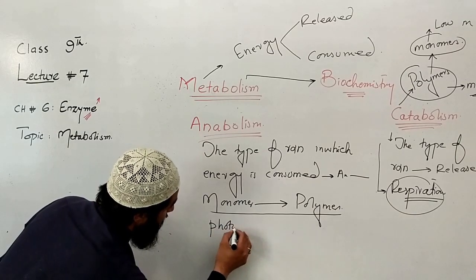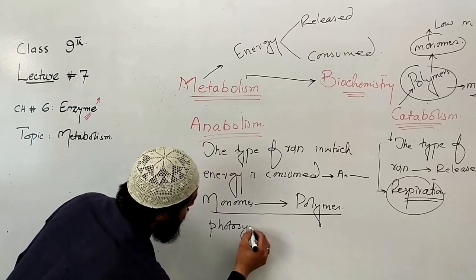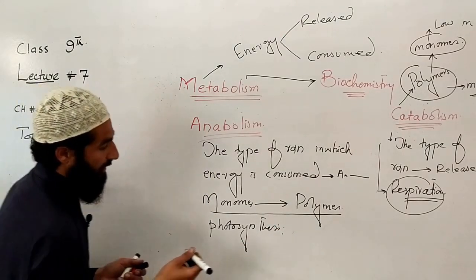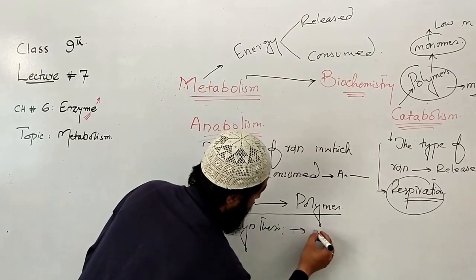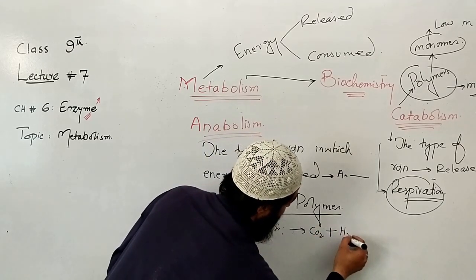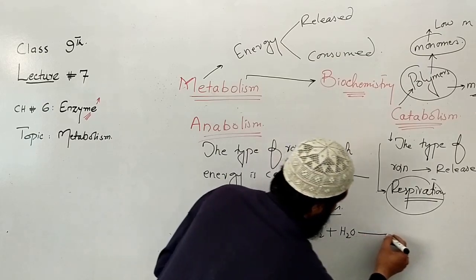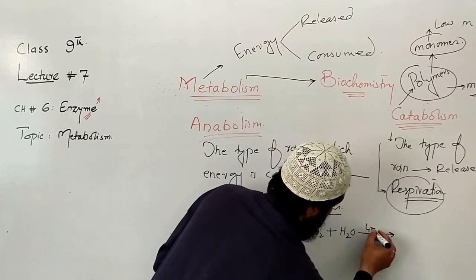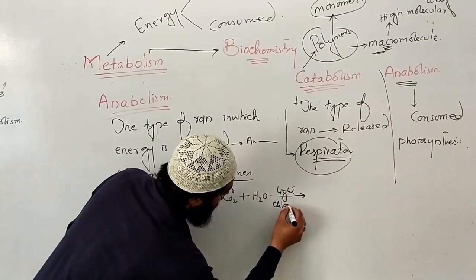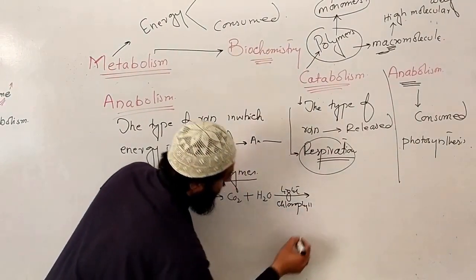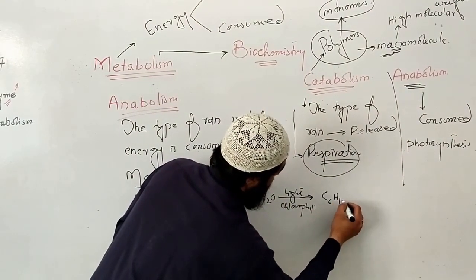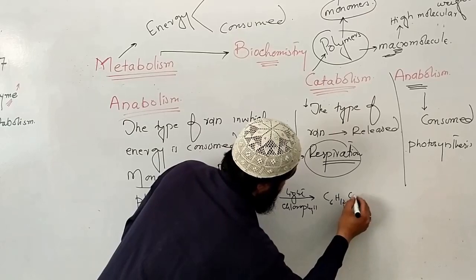For example, photosynthesis. All of you know that in photosynthesis, CO2 combines with water in the presence of sunlight and chlorophyll to form what? C6H12O6.